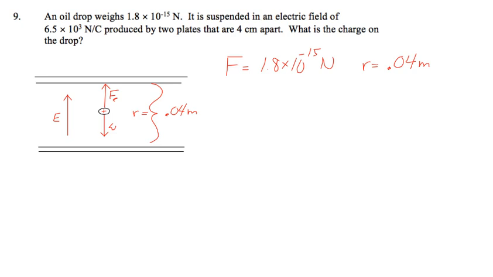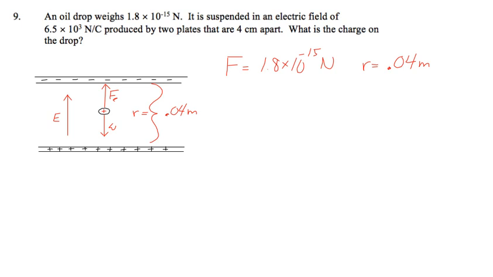The source of the electric field are the two plates. Now actually, if the charge of the drop is positive, then that plate would be plus, and this plate would be negative. In order to have an electric field in a direction that is up, the electric field is going to be away from the positive plate and towards the negative plate.